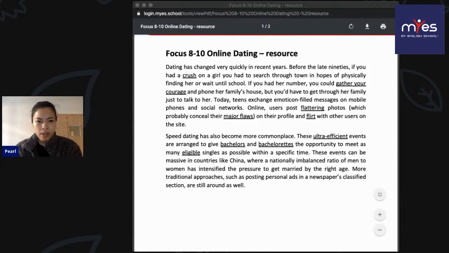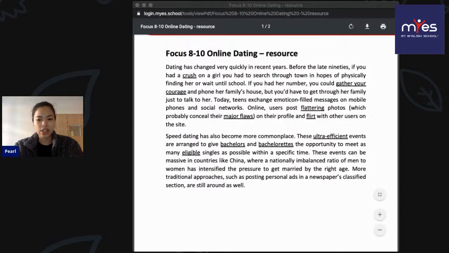Flattering, when online users post flattering photos, flattering means to make yourself better. Flattering is something that makes you look really good. To flatter is the verb.